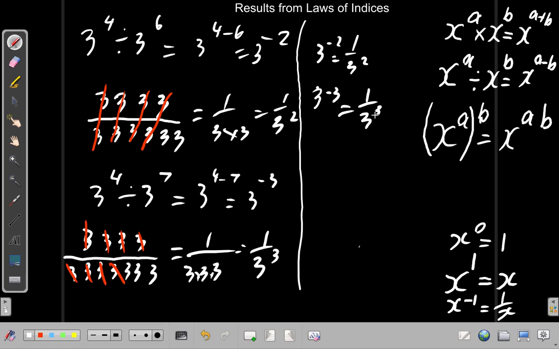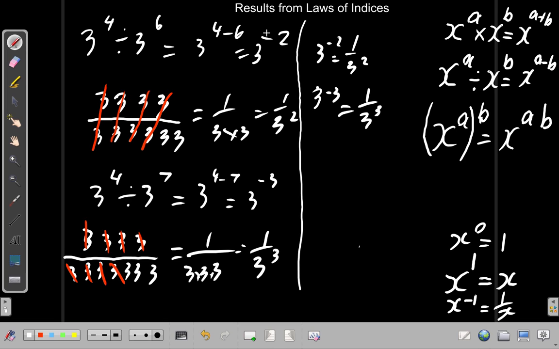Whoa. Interesting. Now, what I want you to do is to repeat this a few more times with numbers other than 3 and with powers other than 4 and 6. Make the top power, the numerator power, less than the denominator.